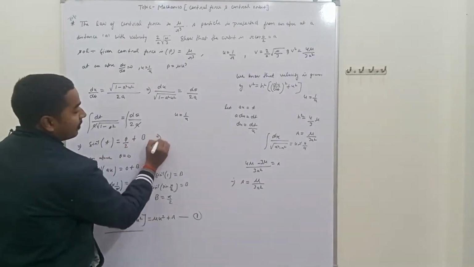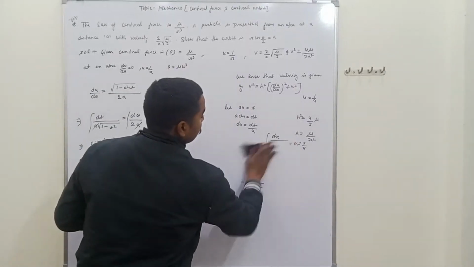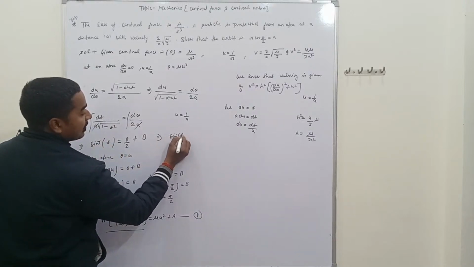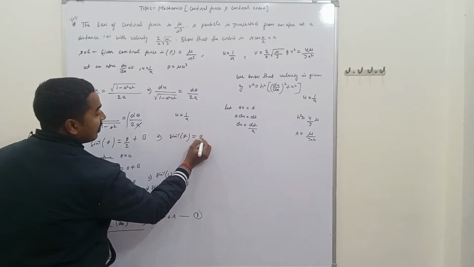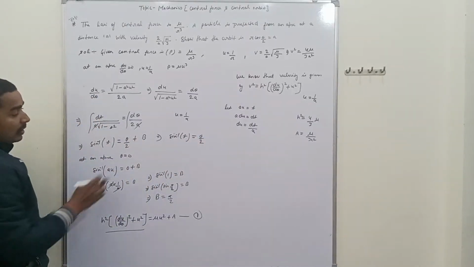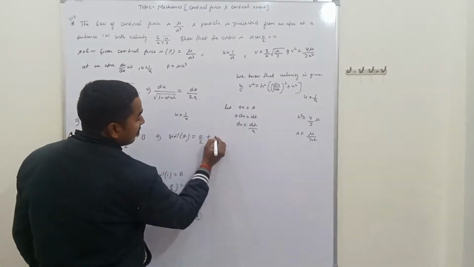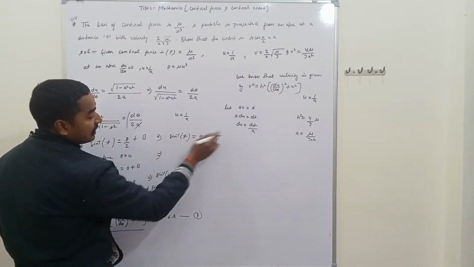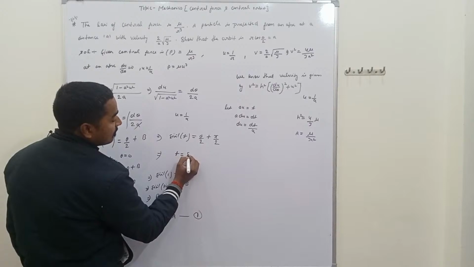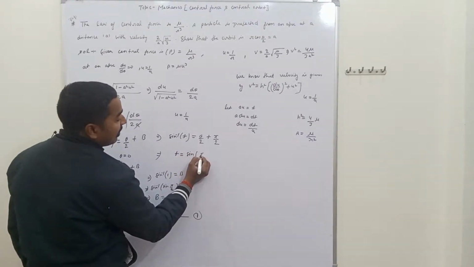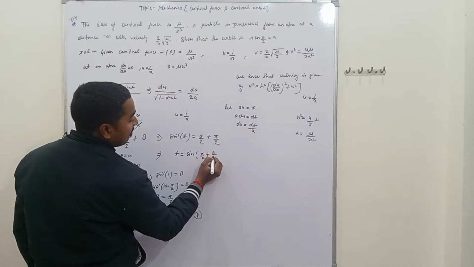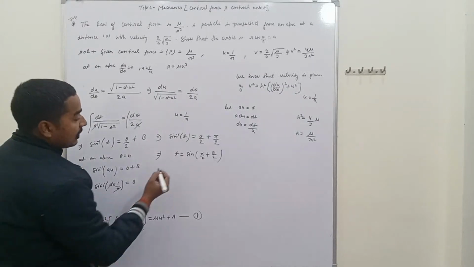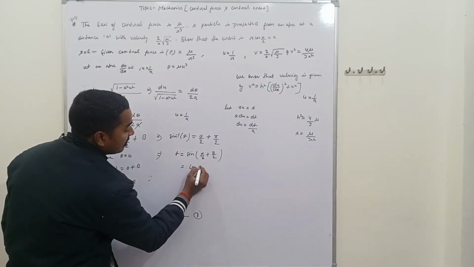We put the value of b here, that is sine inverse of t is equal to theta by 2, and in place of b we put pi by 2 plus pi by 2... that is, theta by 2 plus pi by 2. Further, taking sine inverse to this side, t is equal to sine of pi by 2 plus theta by 2, and we know that sine of 90 plus theta is cos theta, that is cos theta by 2.